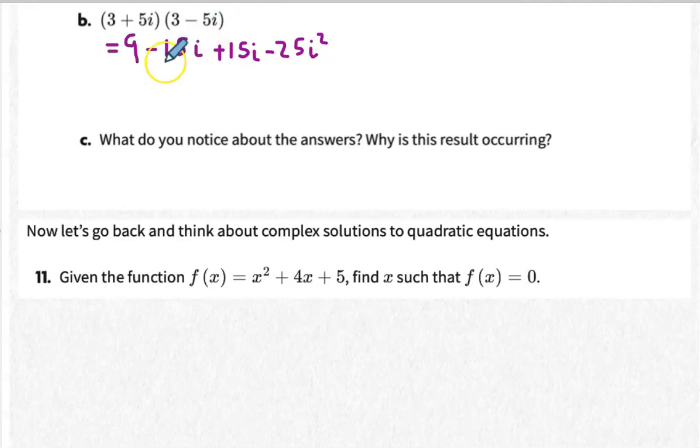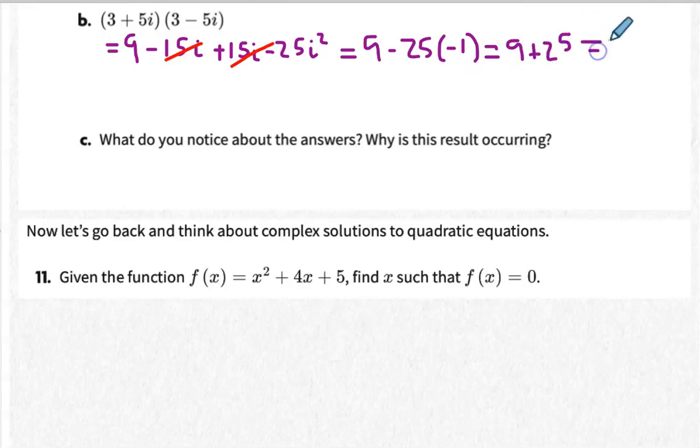So again, those i pieces cancel out. So we have 9 minus 25, and I'm going to replace i squared with -1. So it's really 9 plus 25, which is 34.